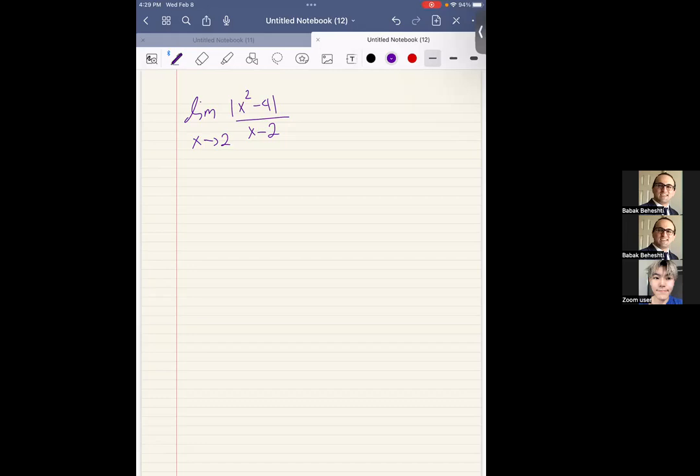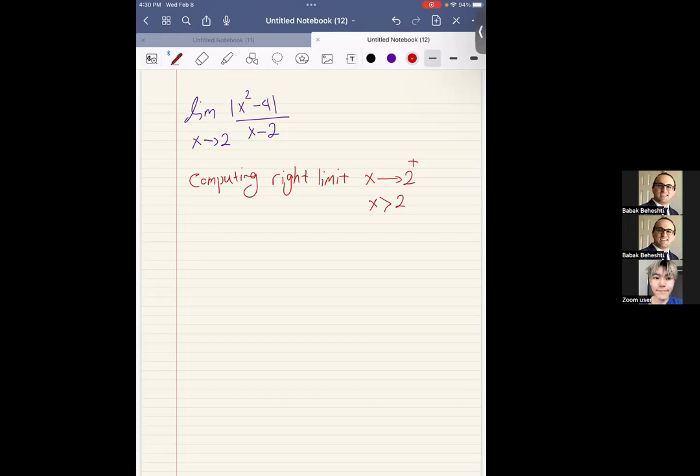That means we have to compute the right limit and the left limit separately. First, let me compute the right limit. Right limit means x goes to 2 plus, which means x is greater than 2.